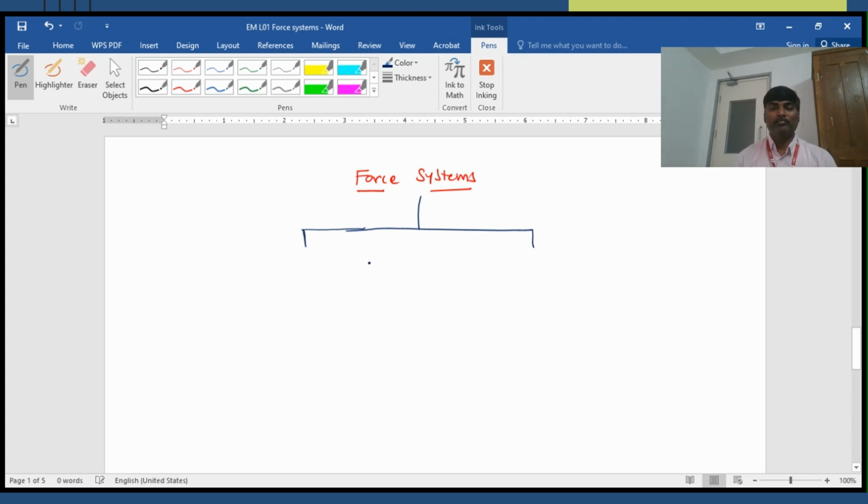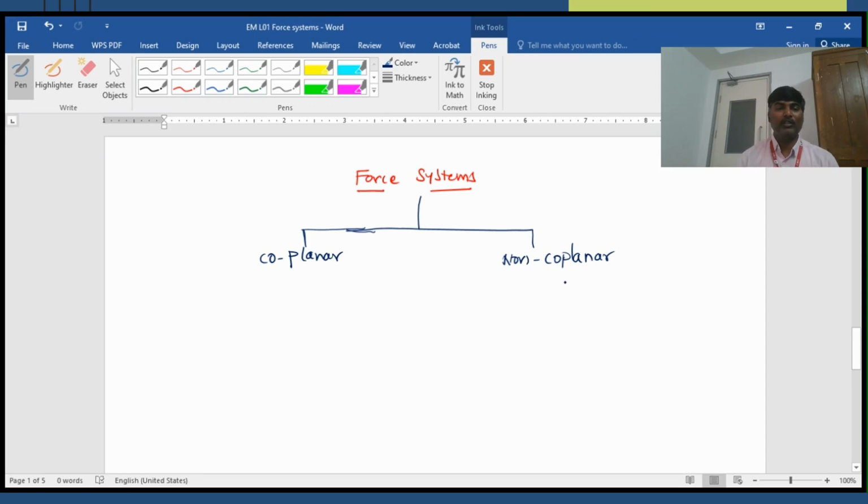Okay, so if any force system, like so many number of forces, are acting in a single plane, we call them coplanar force system. And if all the forces are not acting in a single plane, we call them non-coplanar force system.